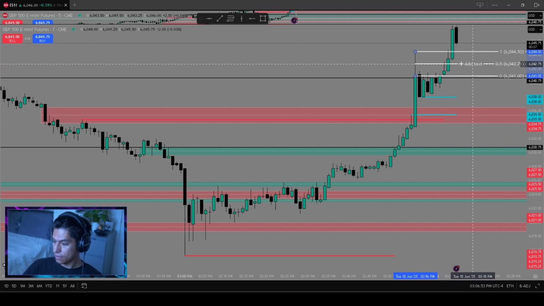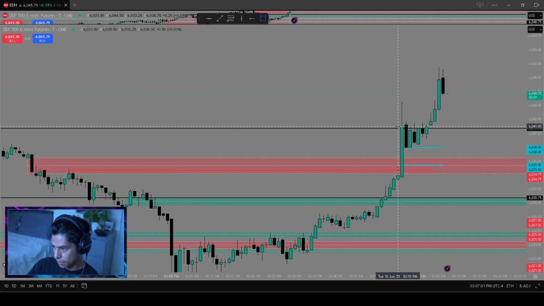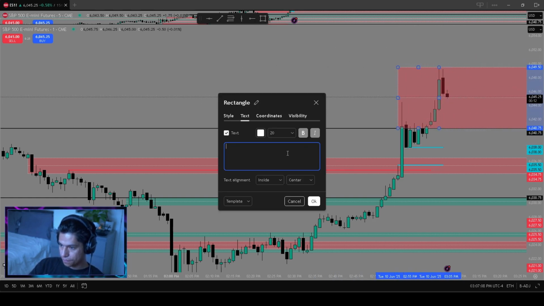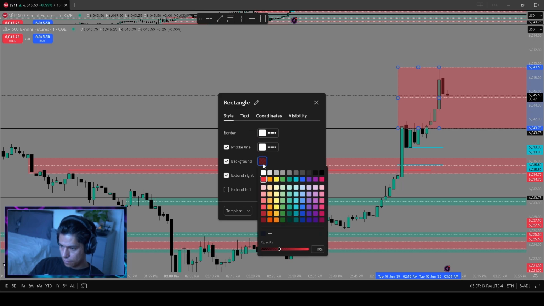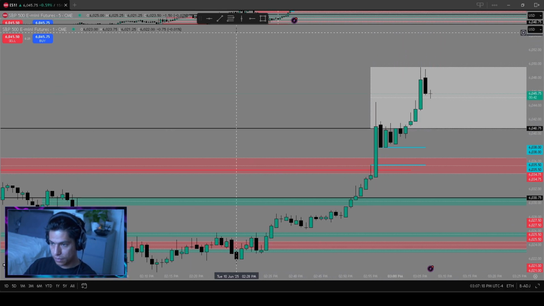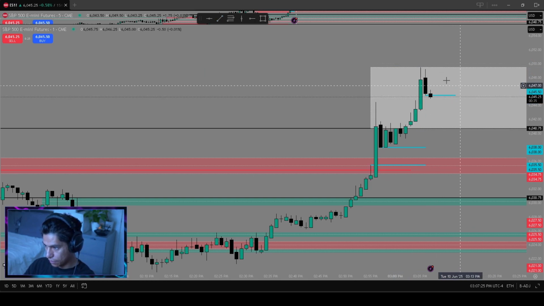Okay, so right here we didn't use that wick. So what I'm looking at is anything up here could be used as a manipulation. But right here, I think this would be one of my trading ideas where I think the market would want to go lower if we don't use this fair value gap right here.